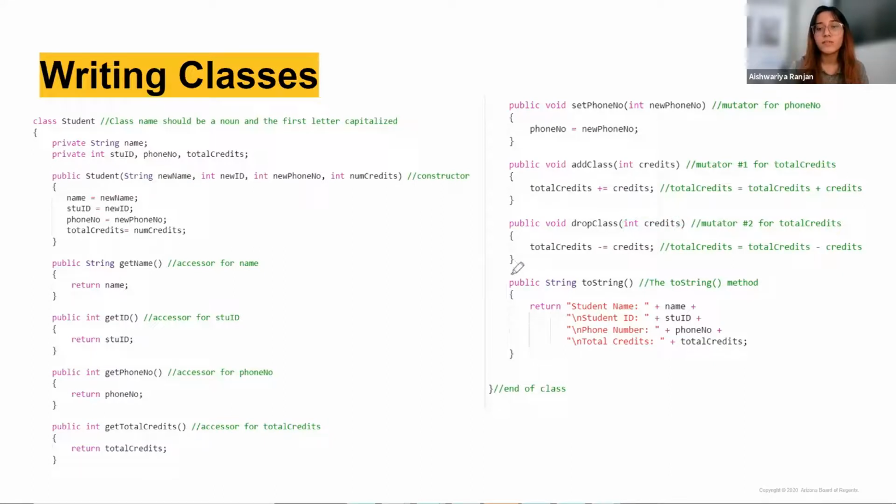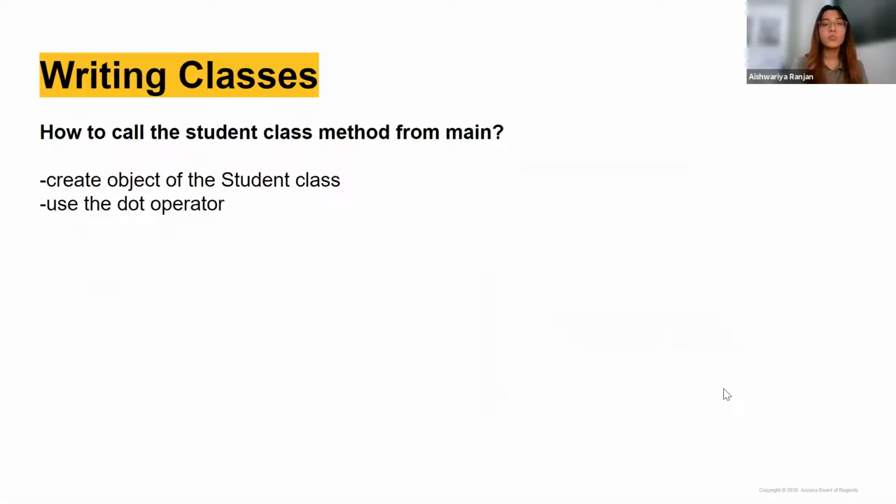Finally, we have the toString method. So public string toString. Over here, I'm returning the details of the student class. So I have the name, the student ID, the phone number, and total amount of credits. Okay, so now how would you call the student class method from the main?